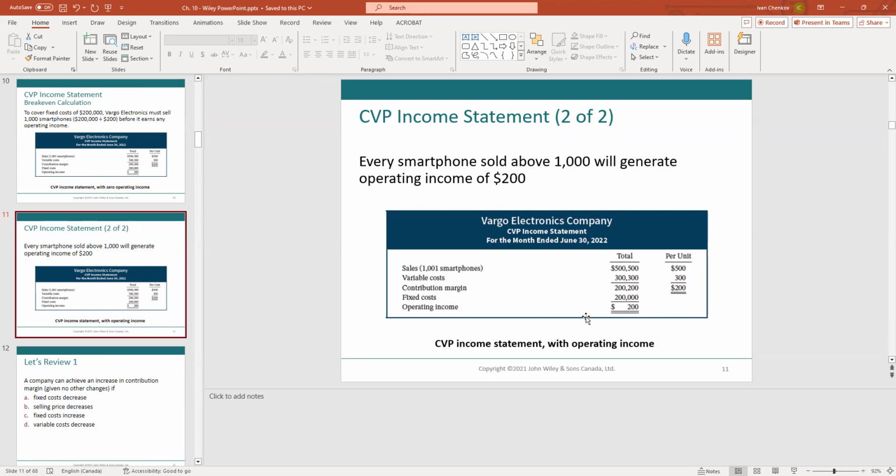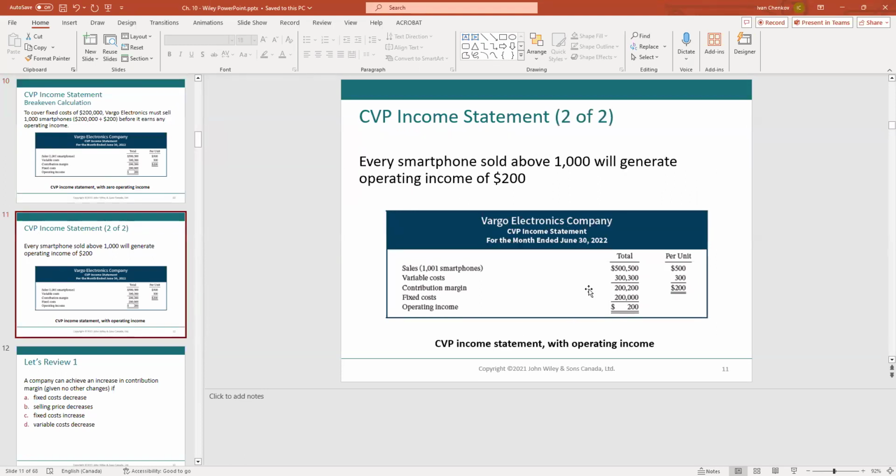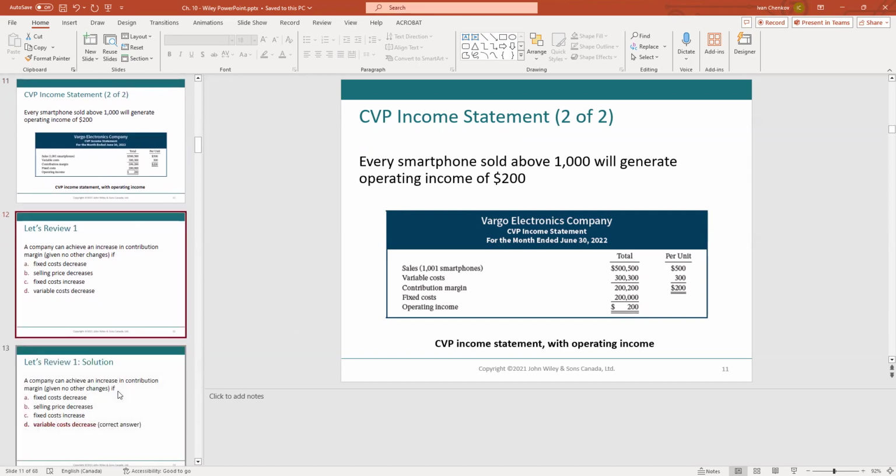To cover the fixed cost, we must sell 1,000 before the operating income, and this calculation here is on the 1,100 smartphones. So basically, if I sell 1 additional unit, how much will be the increase in my operating income after the break-even? Every contribution margin per unit is going to flow to my operating income.